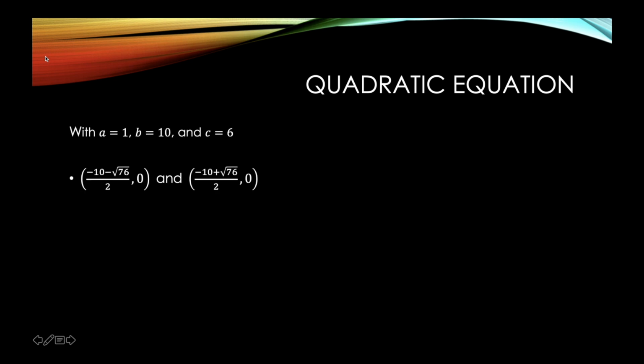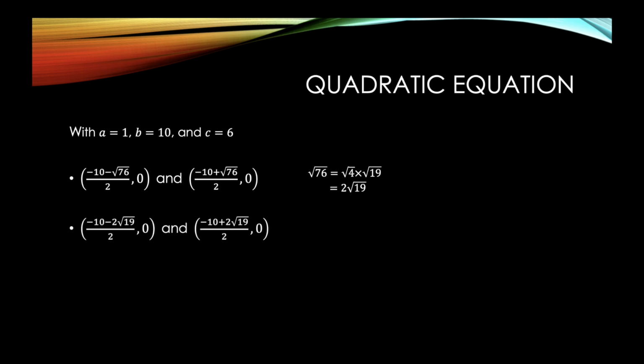So we know that 100 minus 24 is 76, and you have minus 10 minus the square root of 76 divided by 2, and minus 10 plus the square root of 76 divided by 2. Note you can simplify this: the square root of 76 is equal to the square root of 4 times the square root of 19, so that's equal to 2 root 19.